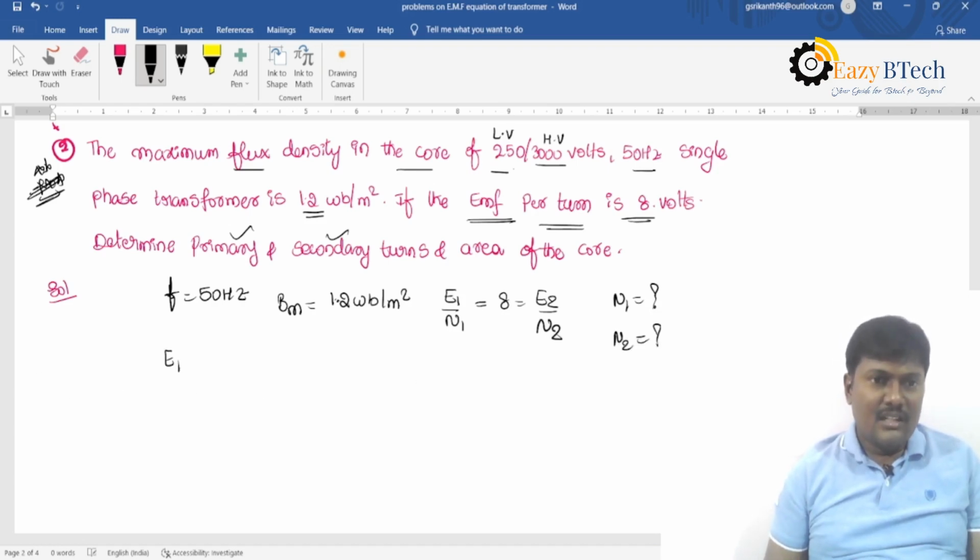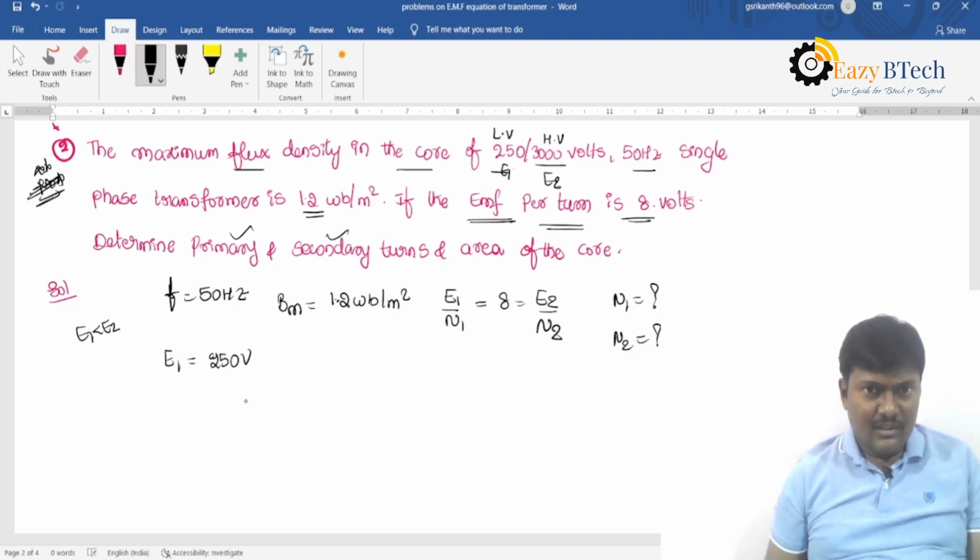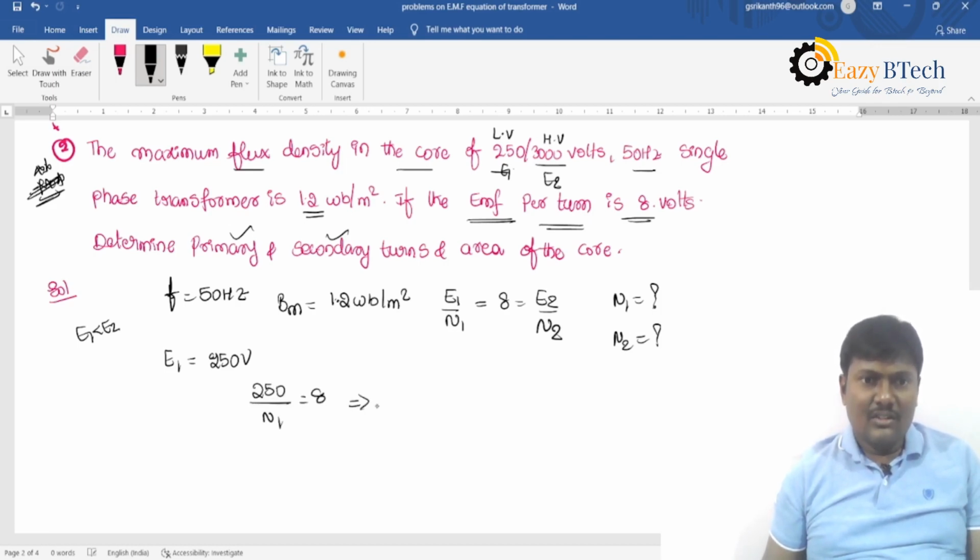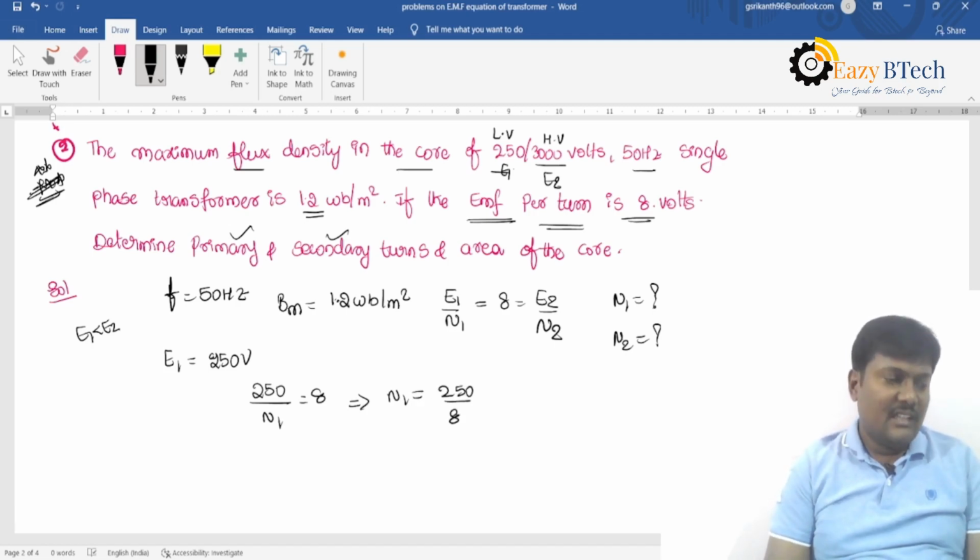So E1 is equal to 250 volts. These are the induced EMFs. But here in this problem E1 is less than E2. So use the same formula: 250 divided by N1 is equal to 8. So N1 is equal to 250 divided by 8.